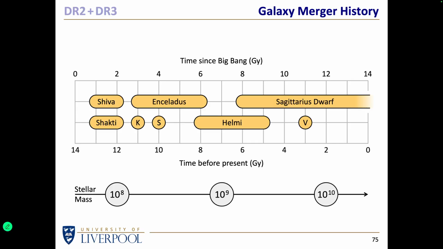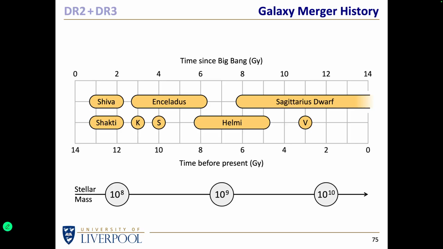It is thought that some of the globular clusters that we see now were actually brought to us by an interaction with this Enceladus galaxy. Perhaps it was large enough to have its own globular clusters. It merged with the Milky Way, and some of the globular clusters are what we see now.